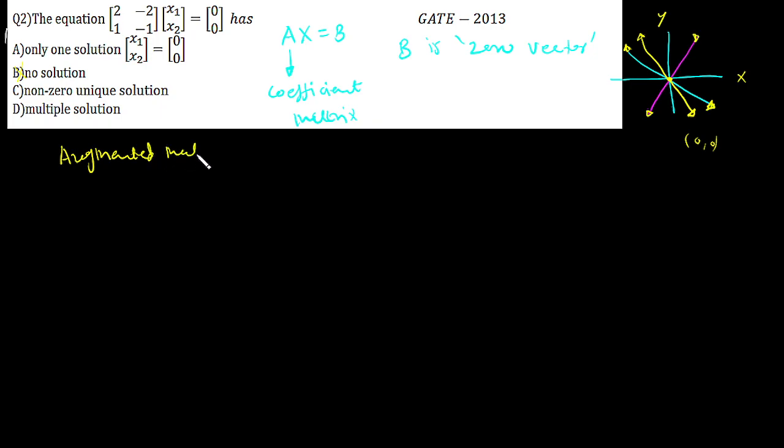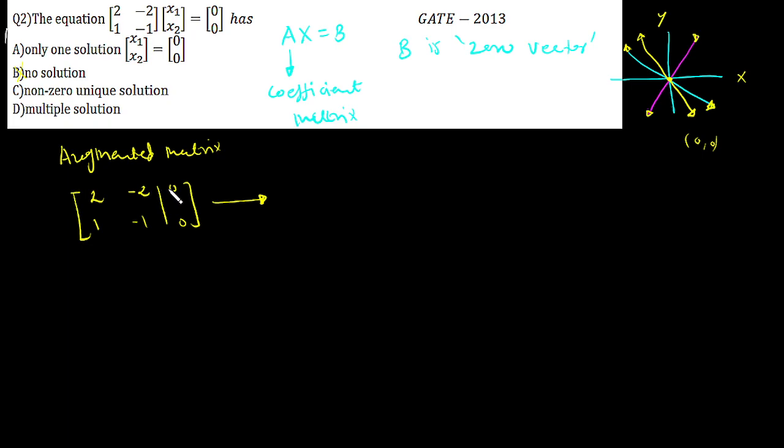Augmented matrix. So here our coefficient matrix has values 2, minus 2, 1, minus 1, and let's bring the right hand side here. Now to find the rank, we have to reduce this matrix into echelon form. To do this, we have to perform some row operations. Here you may notice this first row is twice as large as the second one.